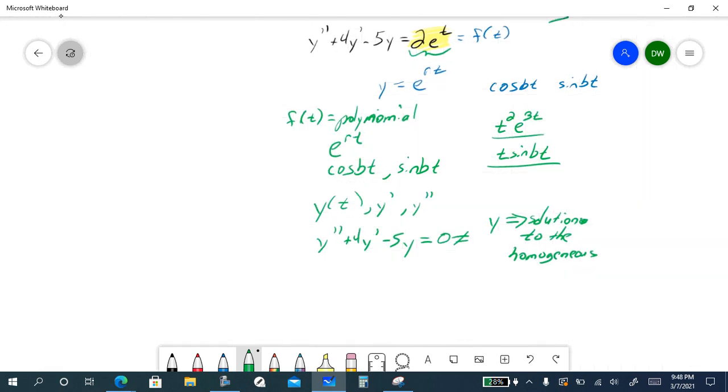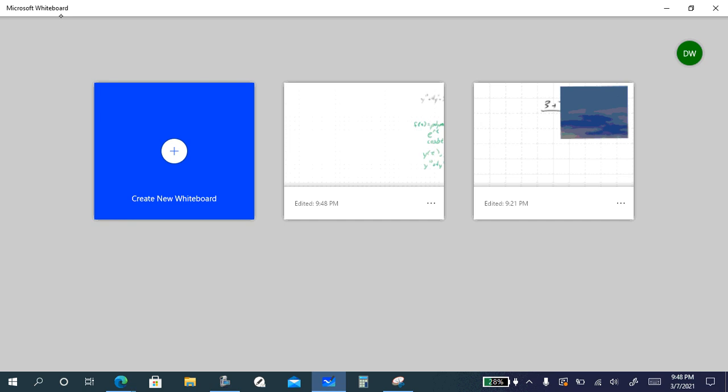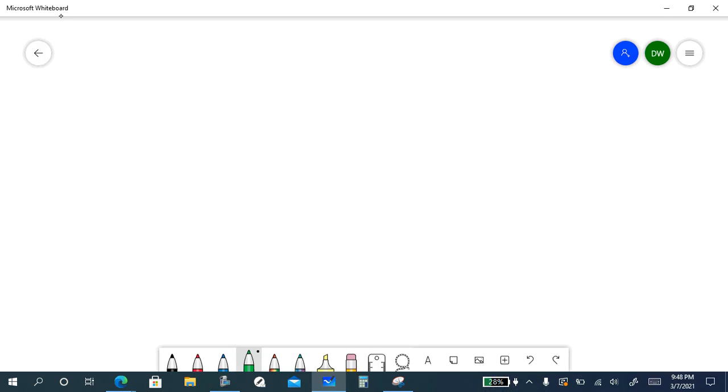So let's look at what the format needs to be when we have various situations. Let's suppose we have y double prime plus 3y prime minus 7 equals t squared, or let's say 3t squared.